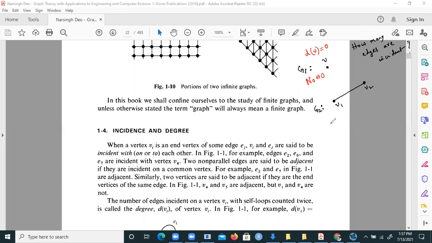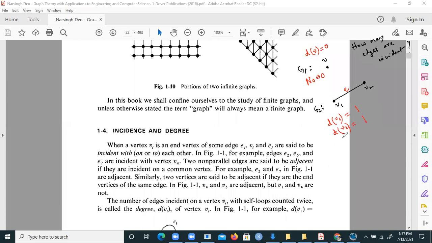Now, if I ask about the degree of the vertex V1, you see that on this vertex one edge is incident, that is E. So the degree of V1 is equal to 1. And if I ask you about the degree of the vertex V2, on this vertex only one edge is incident, and therefore the degree of V2 is also 1.